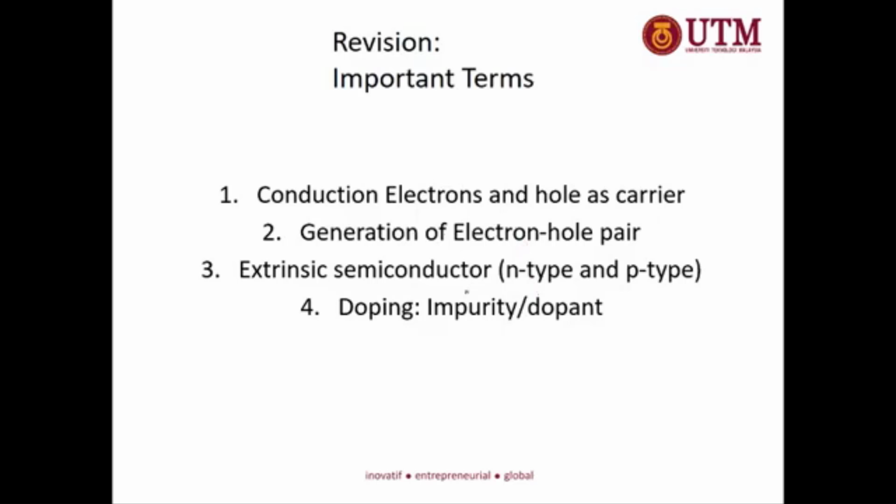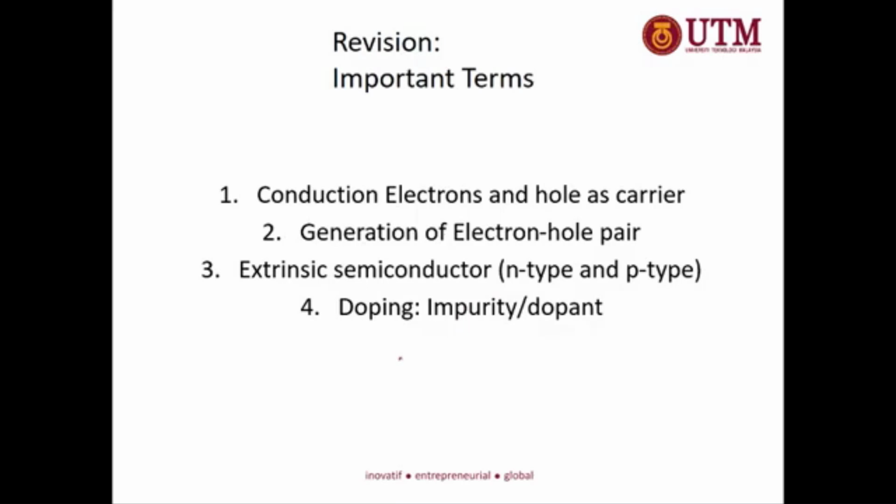Next, this one is very important, since in the PN junction we are using P-type and N-type silicon. N-type and P-type silicon are referred to as extrinsic semiconductors, which are not pure semiconductors. We have added some impurities inside the semiconductor in order to make it N-type or P-type.